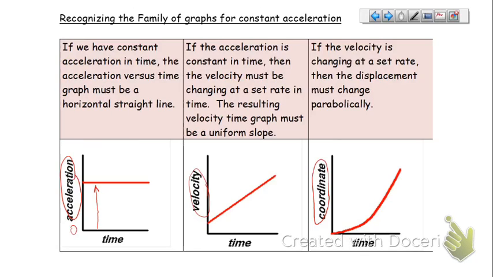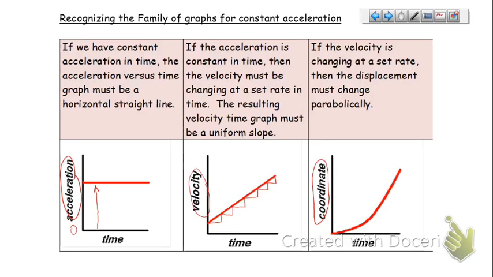So if it was plus 2 meters per second, maybe now it's plus 4. If it was plus 4, maybe now it's plus 6. If it was plus 6, now it's plus 8. If it was plus 8, now it's plus 10. If it was plus 10, now it's plus 12, and so on. It's a steady step. That's what acceleration is. A constant acceleration is adding the same amount of change in velocity to your velocity each second.